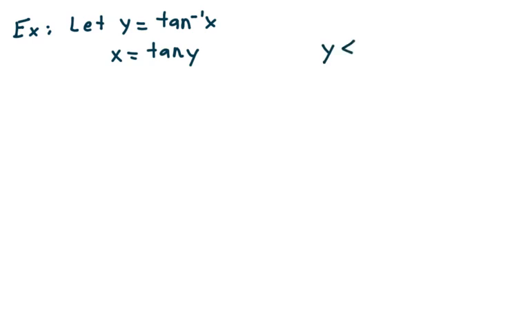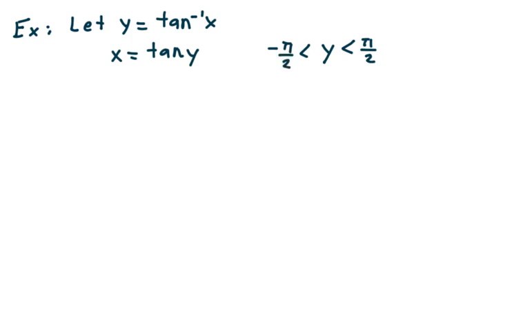So let's take a look at this example. Suppose I let y equal the inverse tangent or arc tangent of x. So solving for x, we get x equals tangent y. And remember, y is less than pi over 2, and it's greater than negative pi over 2, right?